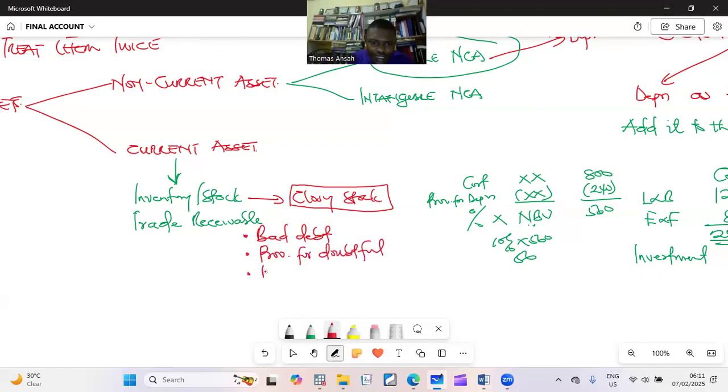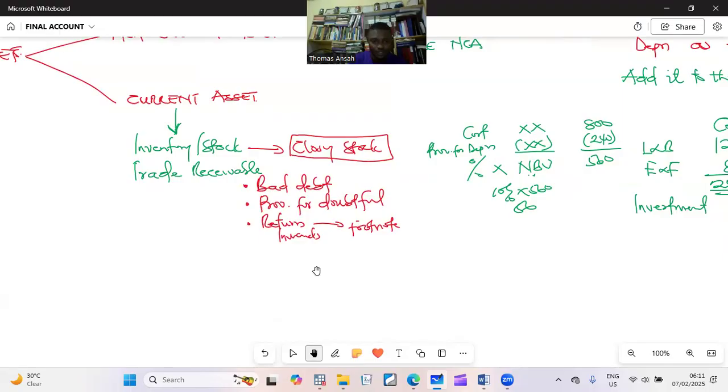Then return inwards, if there is a return, but this return should be found in the footnote, not in the trial balance, because the trial balance one we treat once. If it is in the footnote or the additional information, it is an adjustment that we can do there. So these are the three adjustments we will learn in the next video.